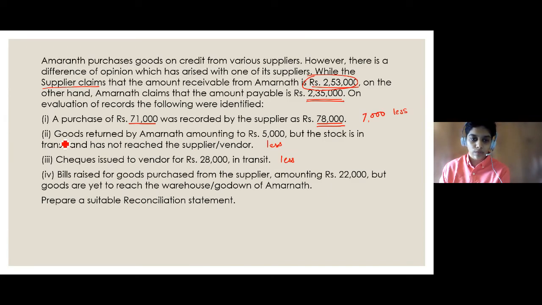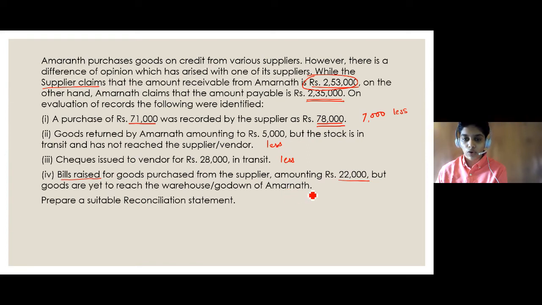And the last item, we have bills raised for goods purchased from supplier amounting to 22,000, but goods are yet to reach the warehouse or godown of Amarnath. Now, in this case, we have a different scenario. This particular supplier has raised an invoice or a bill for goods, and the value of the goods is rupees 22,000. That means for this supplier, a sale has been made to Amarnath.